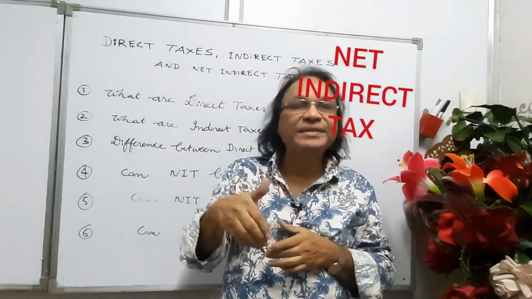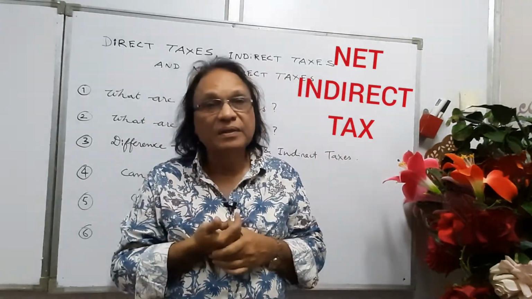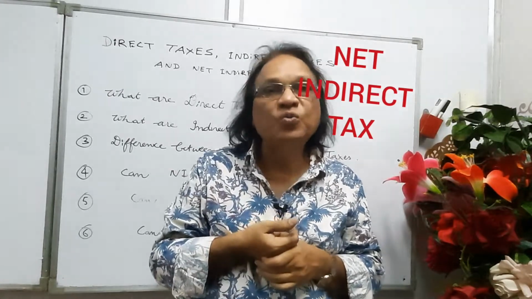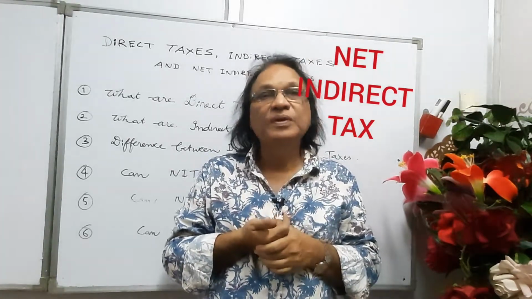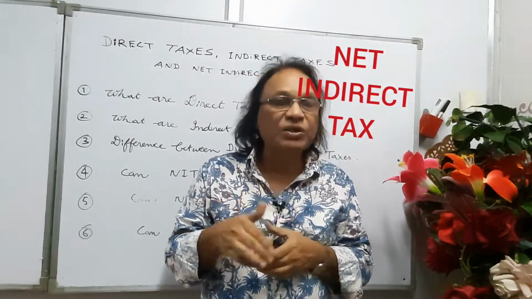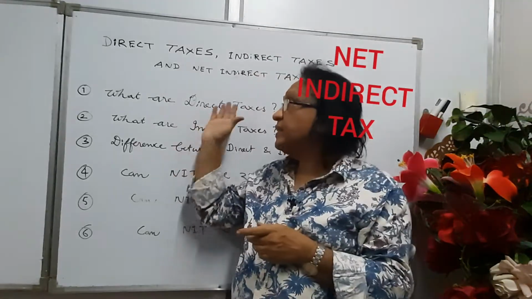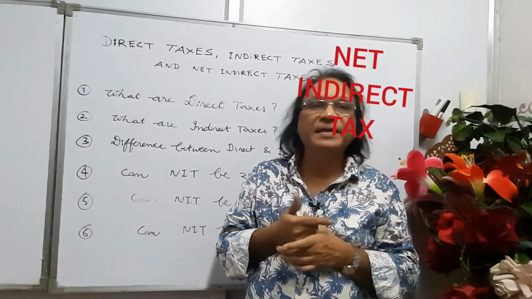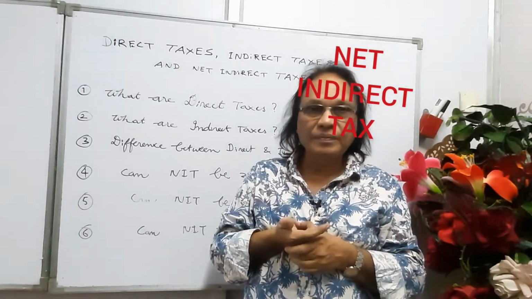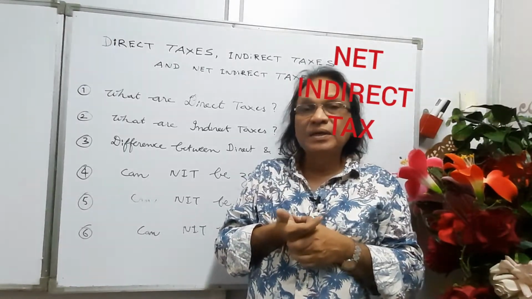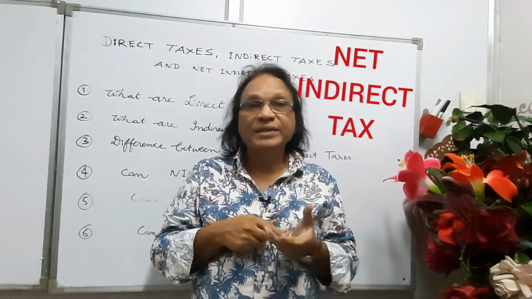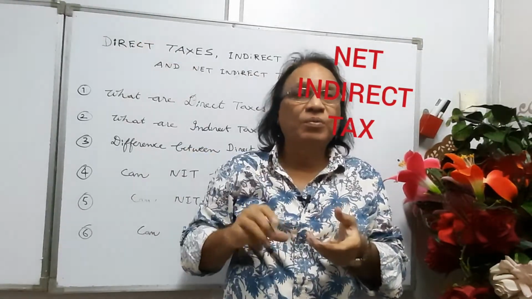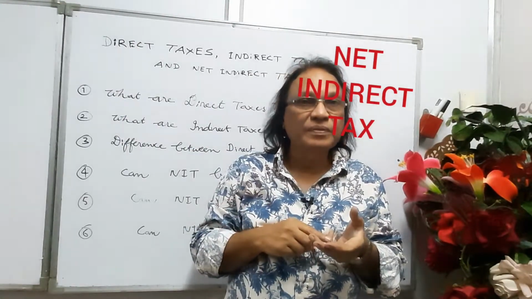Subsidies are grants given by the government to households or firms. So what is net indirect taxes? NIT is indirect taxes minus subsidies. Maybe the government provides grants to the exporters to promote exports and earn more foreign exchange for the country.